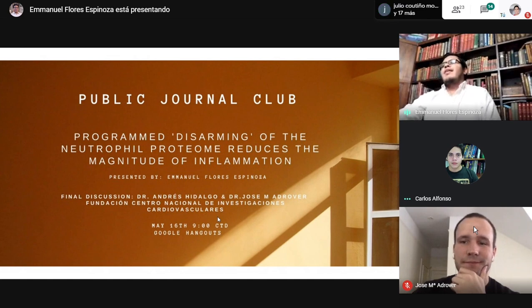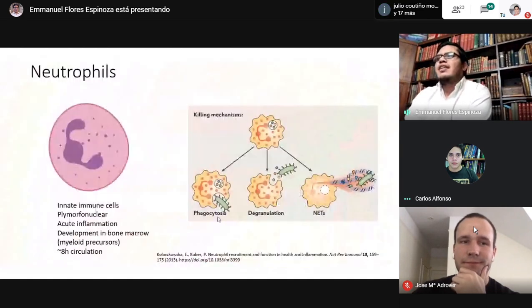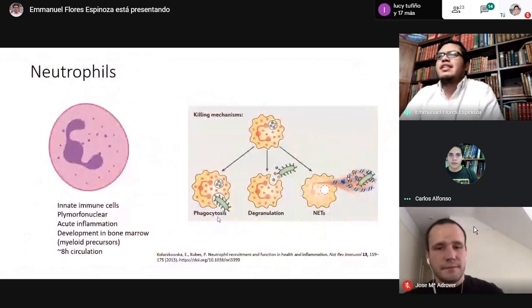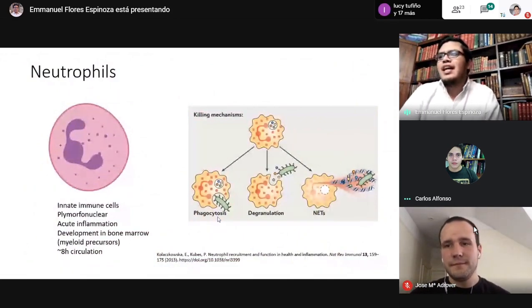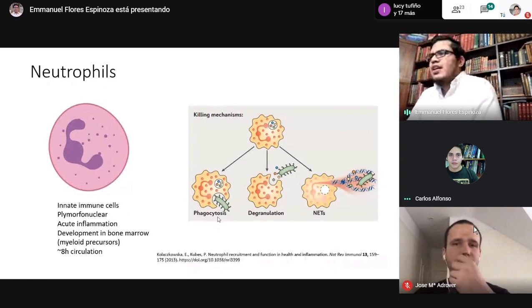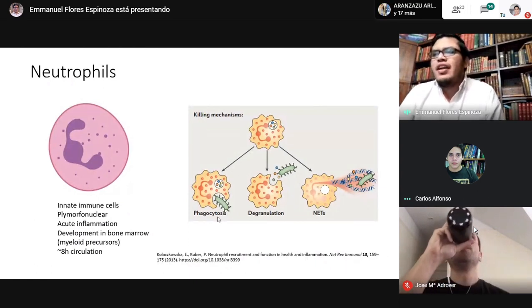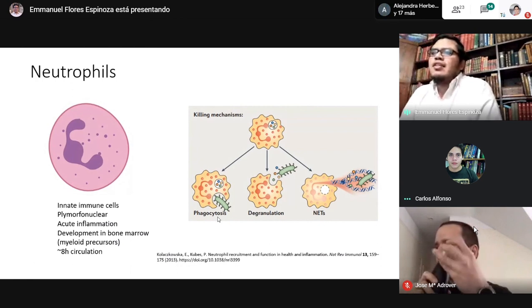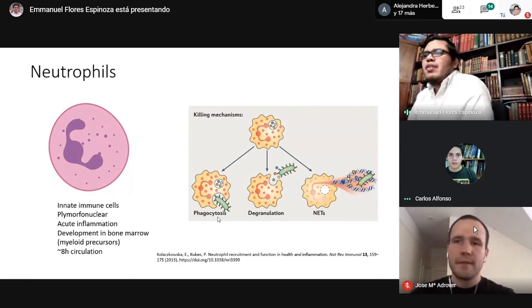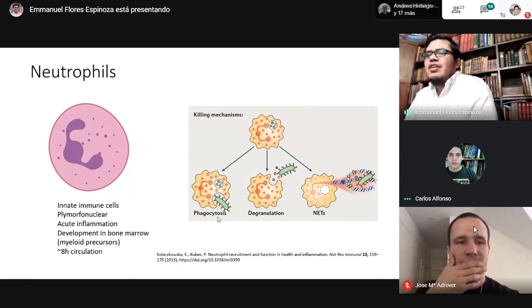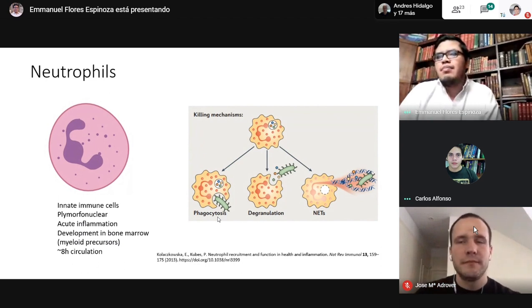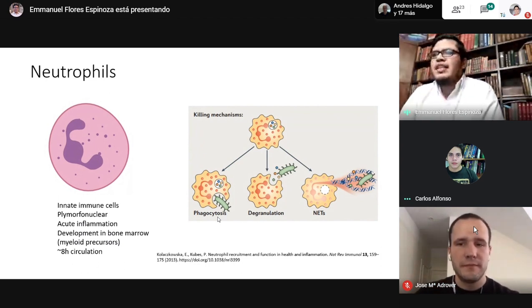And well, to recapitulate the basic knowledge about the cells that are studied in this paper, we know that neutrophils are important innate immune cells, polymorphonuclear leukocytes, named for the segmentation of their nucleus.